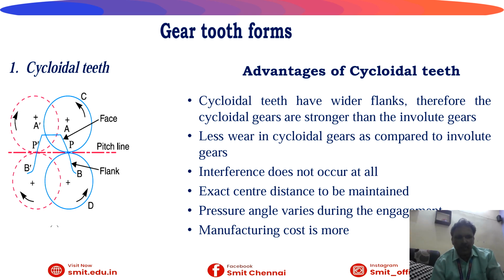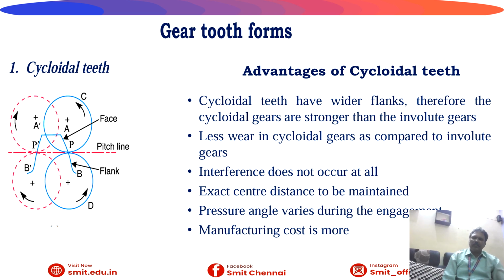So, cycloidal teeth. We can see the advantages of cycloidal teeth. Cycloidal teeth have wider flanks. Therefore, cycloidal teeth are stronger than involute gears. There is less wear in cycloidal gears as compared to involute gears. Interference does not occur at all.